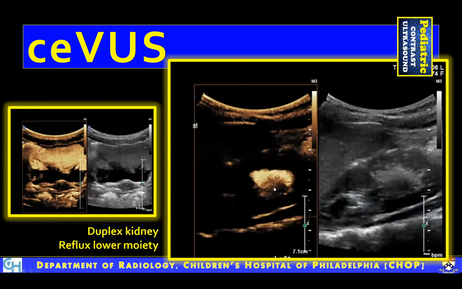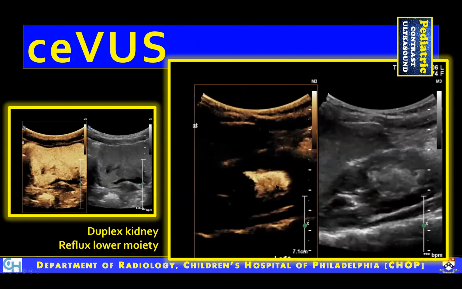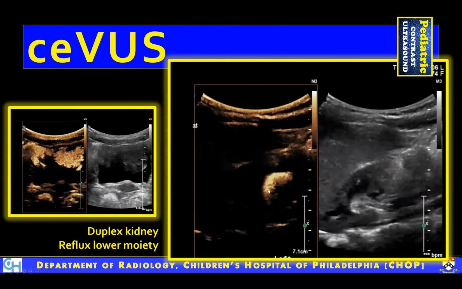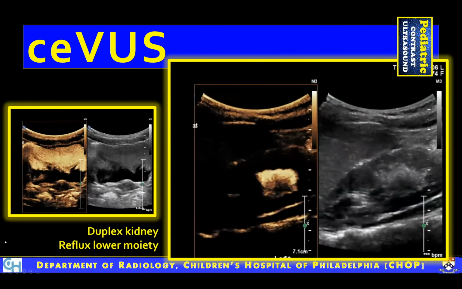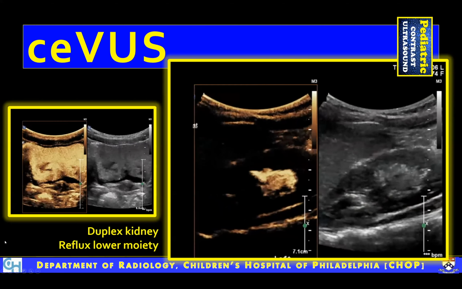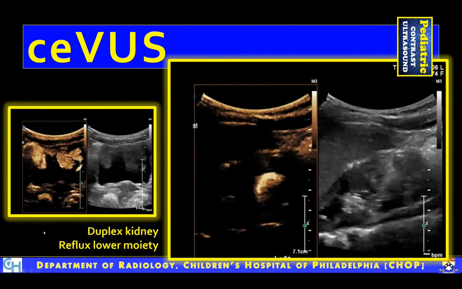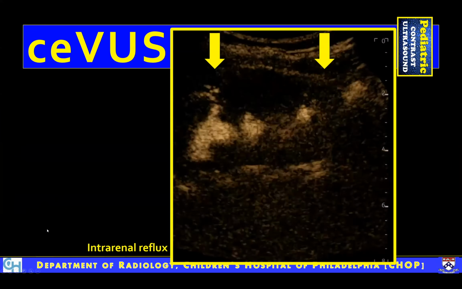And you see here in the kidney, there is only reflux in the lower moiety. So it's a duplex kidney with reflux in the lower moiety. And thus you can avoid doing voiding cystourethrography, which is a fluoroscopic method with X-ray.